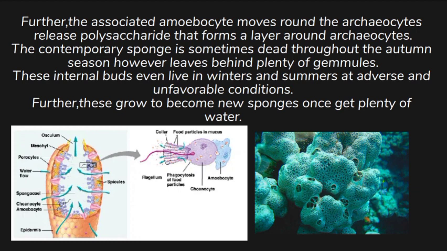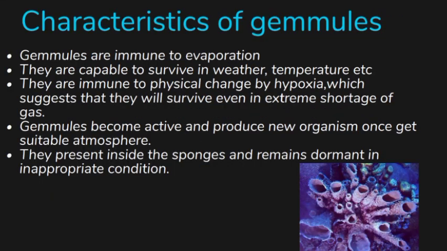When the availability of water increases, it begins to grow into a new sponge. This is the sponge, and this is the gemmule that I showed. On the right side is a beautiful picture of a sponge, and these sponges are full of holes. We all know that. And that is all about gemmules.